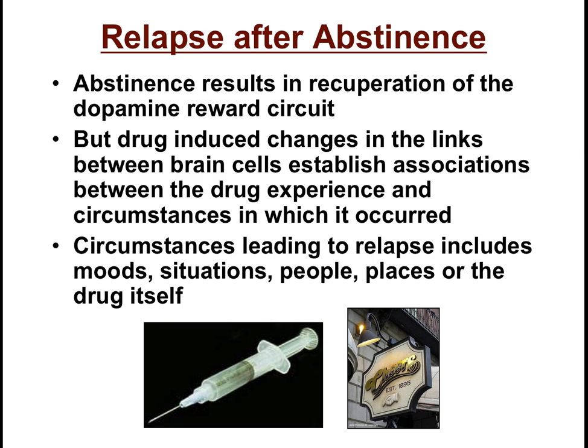So relapse and addiction operates on the very same systems that are associated with learning and memory. You can't unlearn things once you've learned them. It's there. And once your body has experienced what happens when you take these drugs, the result of this dopamine release, you're not going to be able to just somehow forget that.